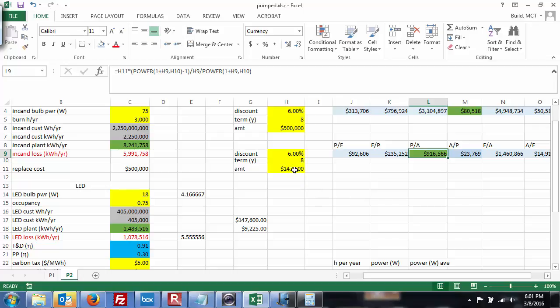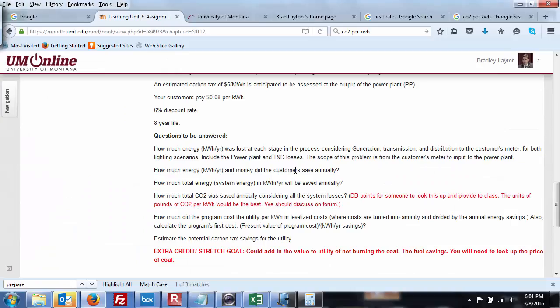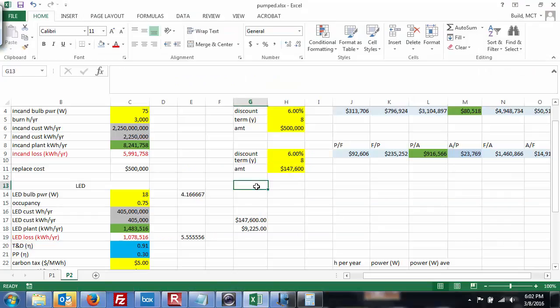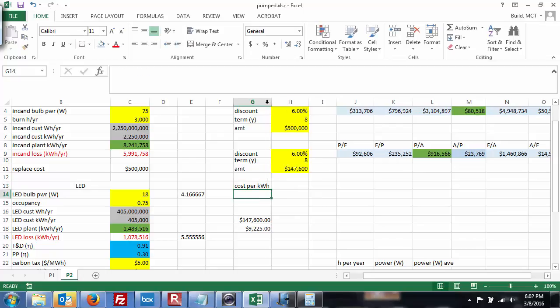So here's the, I'm not sure which kilowatt hour to use. Per kilowatt hour. Well, we can do it both ways. Cost per kilowatt hour. And here's what I suggest you do if you're confused, because honestly I'm a little confused right now. We'll do it for incandescent first.